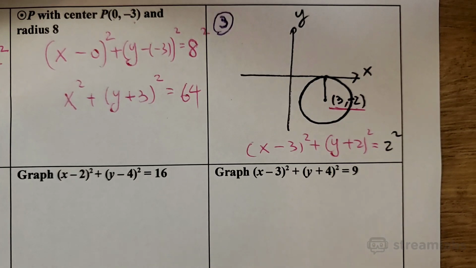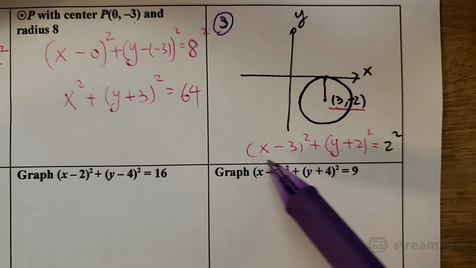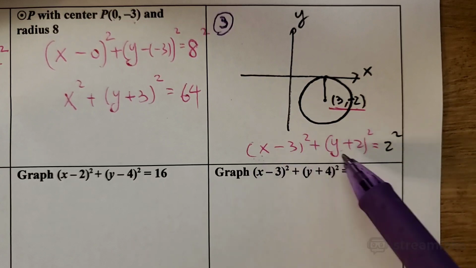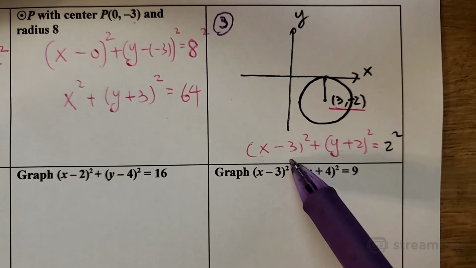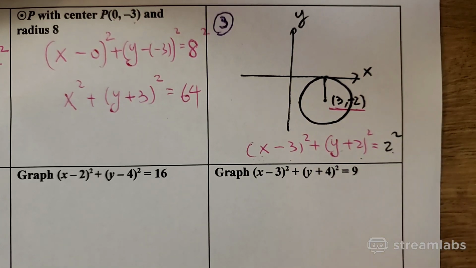That is saying anywhere on the circle, x and y represent anywhere on the circle. The distance from those points to my center 3, -2 is 2. Okay? That's what it's saying. Is that making sense? That's fine, video. I got you.